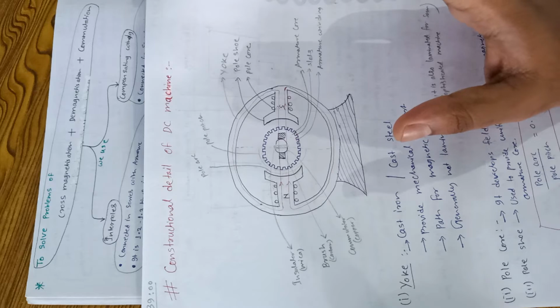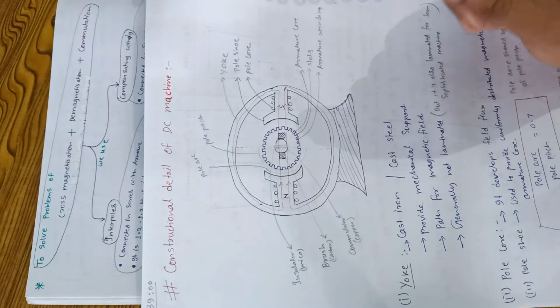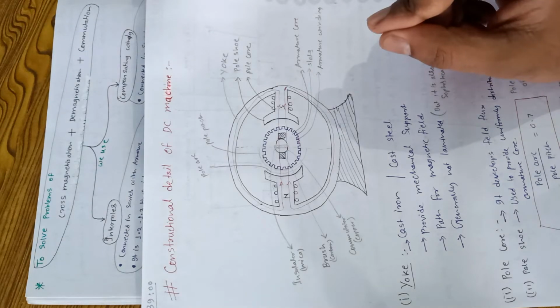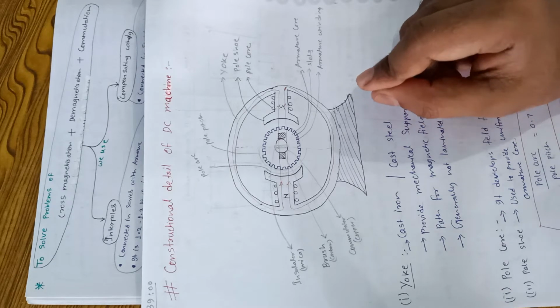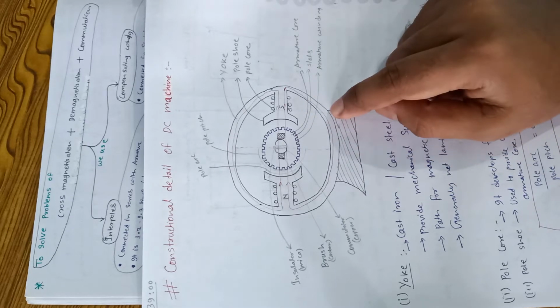In a motor we have motoring action, and due to Lenz's law we also have generating action. The same holds in the DC machine.